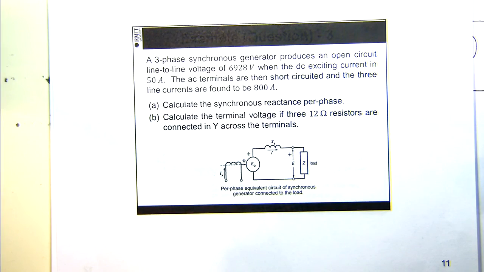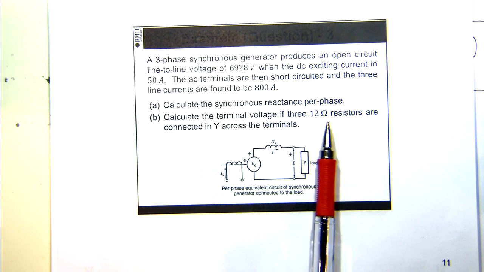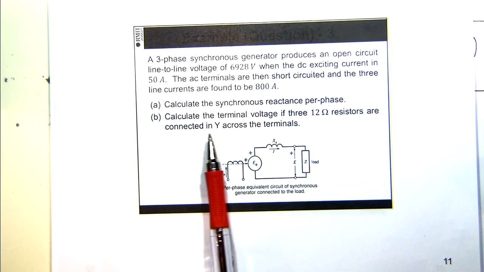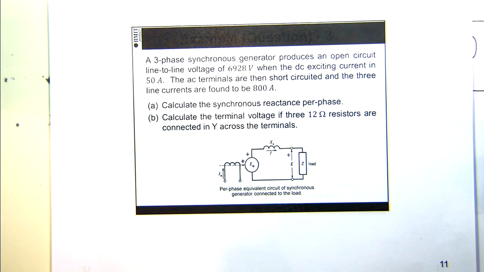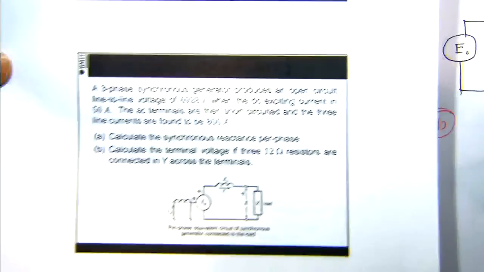So in the second part, it was saying that you have to calculate the terminal voltage if three 12 ohm resistors are connected in Y across the terminals. So our generator is Y connected, and a 3-phase Y connected load is there, each 12 ohm. Because we are considering per phase circuit, we just consider one 12 ohm resistance. And in that case, what will be the terminal voltage? That is the question.